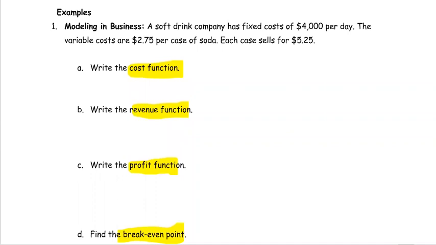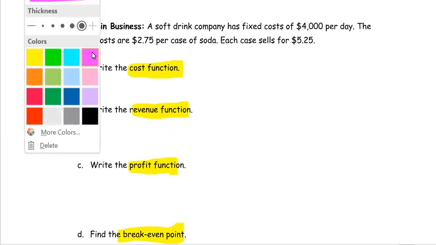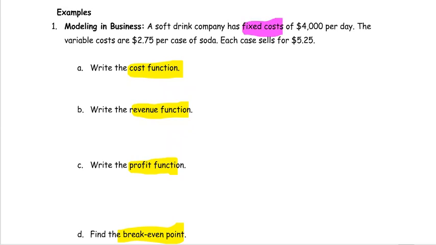Like number one: a soft drink company has fixed cost of $4,000 per day. The variable cost, so you see two different things for this problem: the fixed cost and the variable cost. Another part is that each case sells for $5.25.